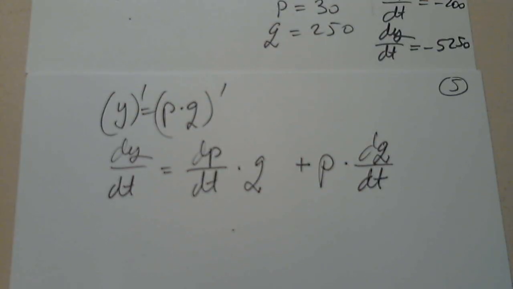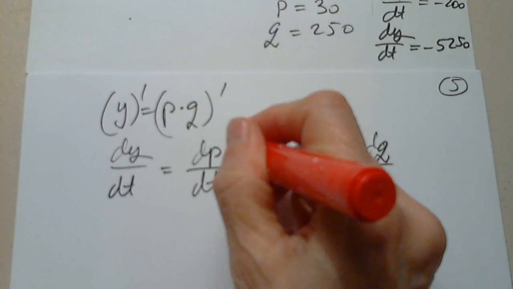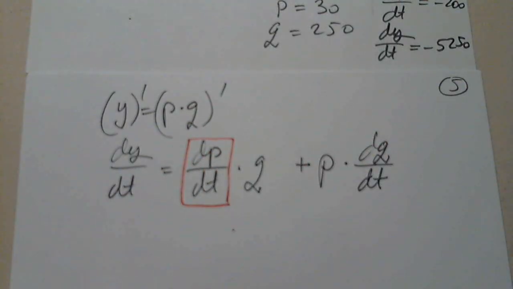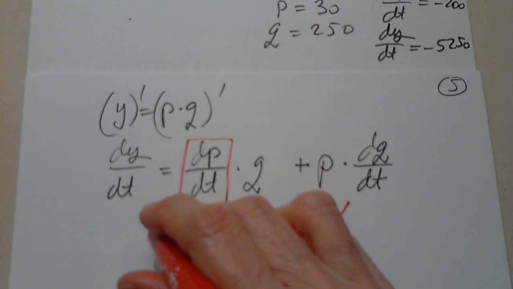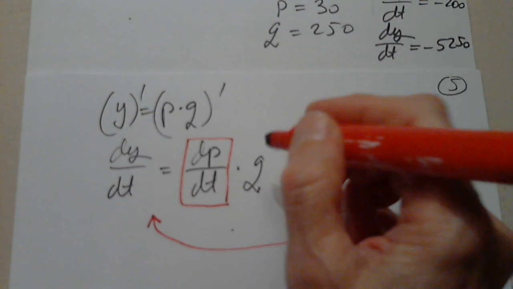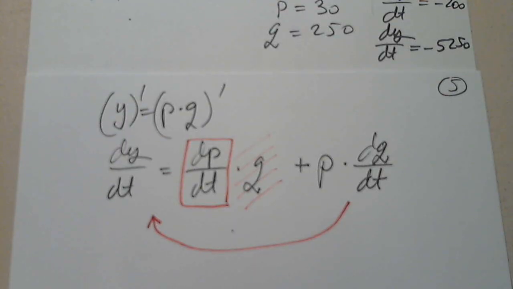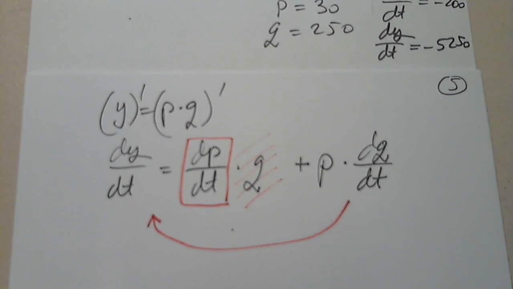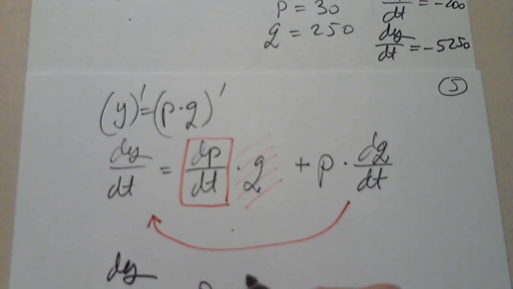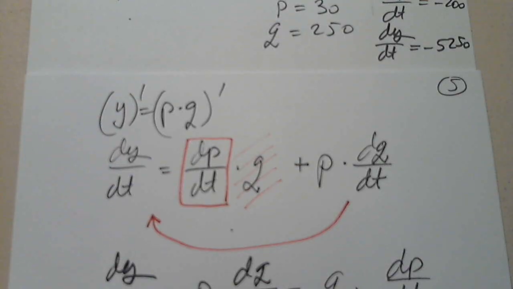We're asked to find dp over dt. Well, dp over dt is this, which means I have to move this term to the other side and then divide both sides by q, because I need to solve for dp over dt. So the first step is dy over dt minus p dq over dt equals q times dp over dt.